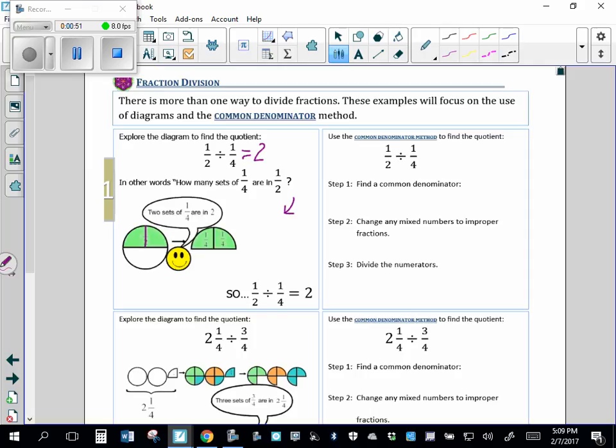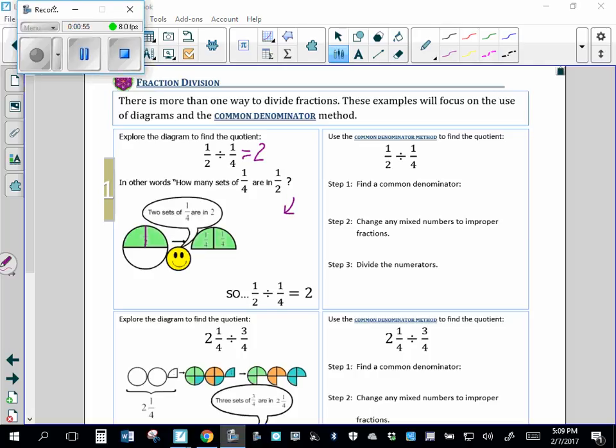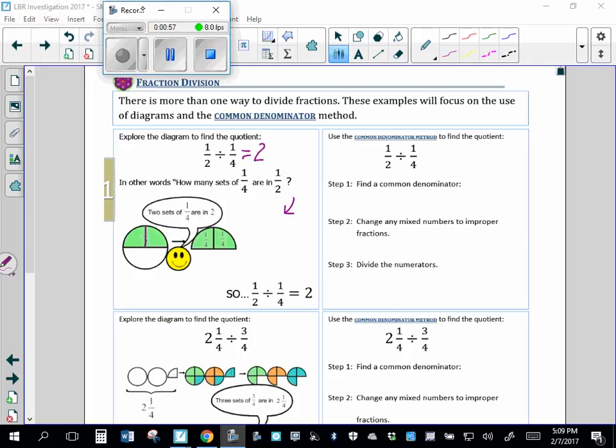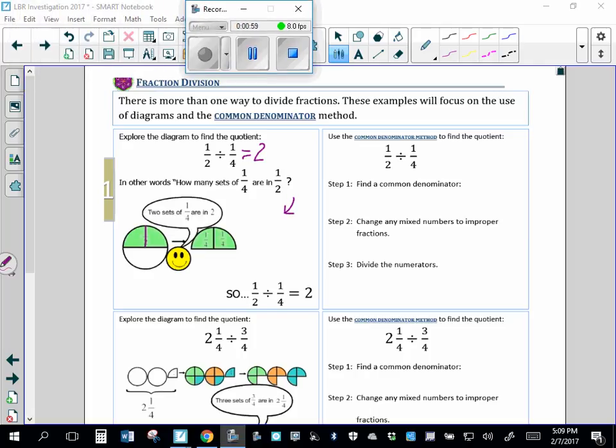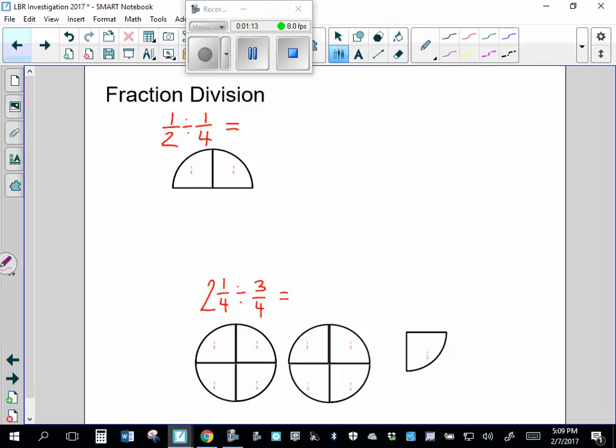And that picture was pretty easy for people to draw. But when we looked at this next picture, we were asking how many 3/4 are in 2 1/4, and we used the smartboard tool to explain that.